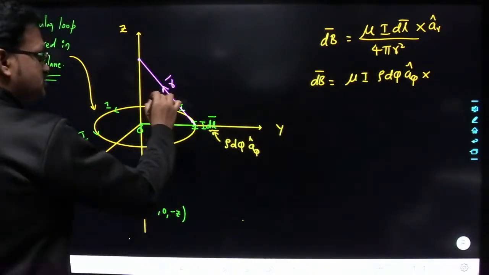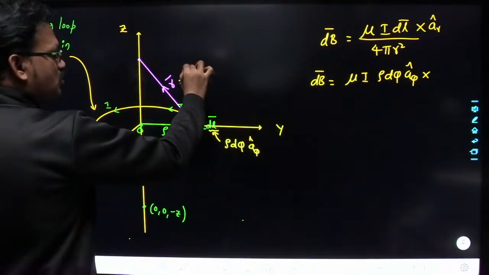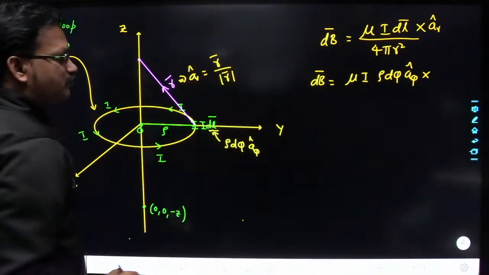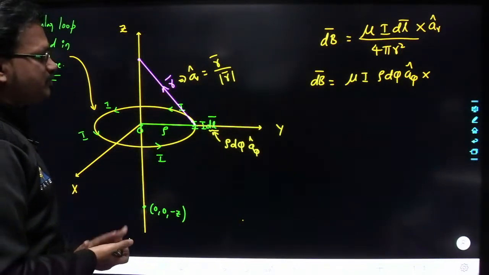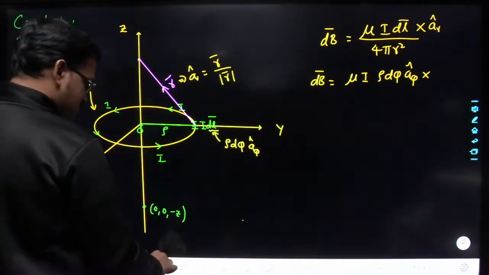So how to represent this unit vector? AR cap is equal to R bar divided by the magnitude of R bar. Tell me how you can represent it. What is R bar? Let us consider this point.